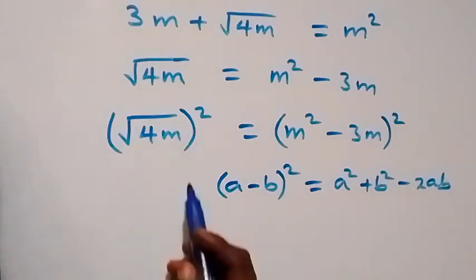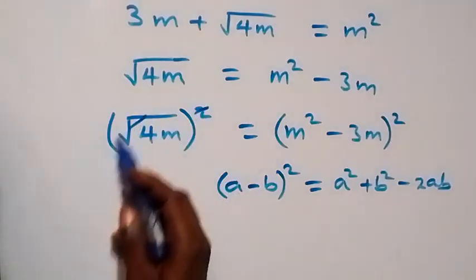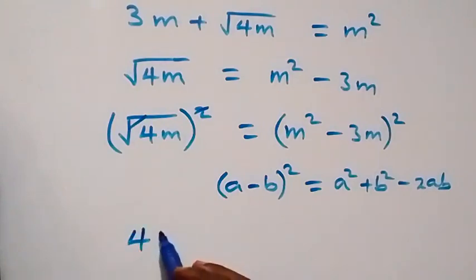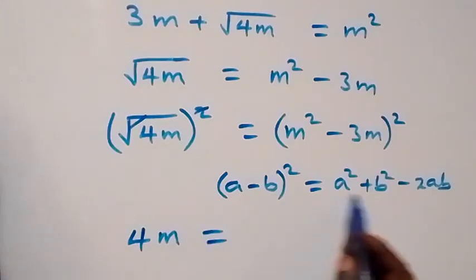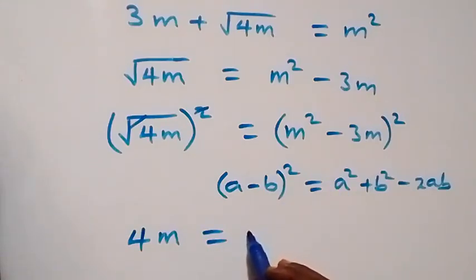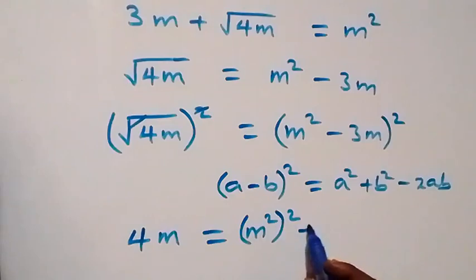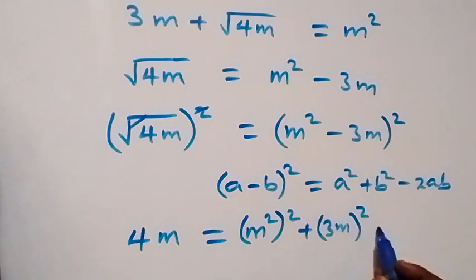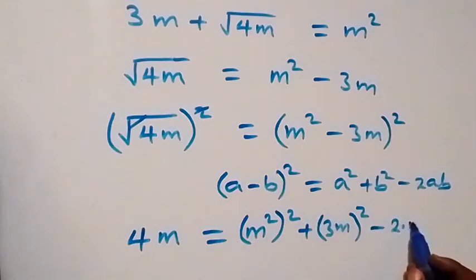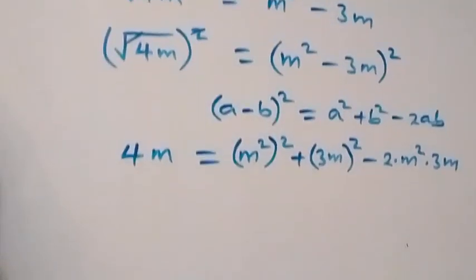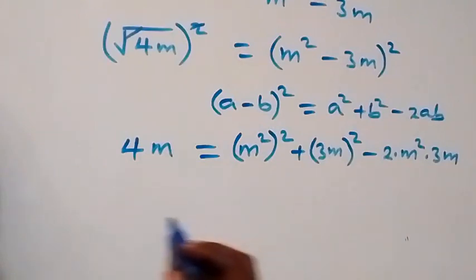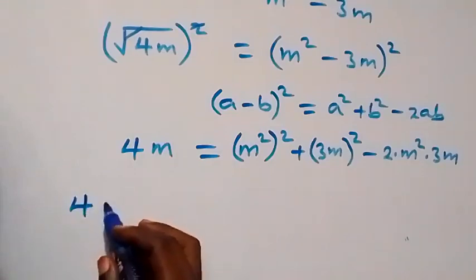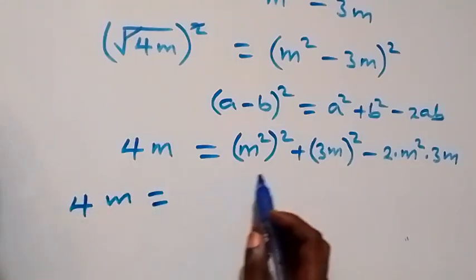That is, here what we have becomes, from here square cancels square root, and we have 4m then equals to, following this expansion here, we then have m squared, then square, plus 3m all squared now, then minus 2 times m squared times 3m.